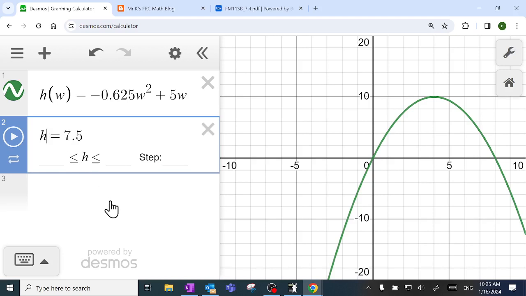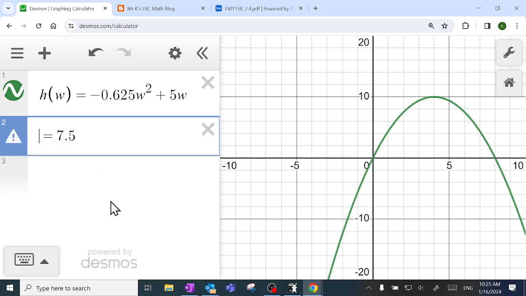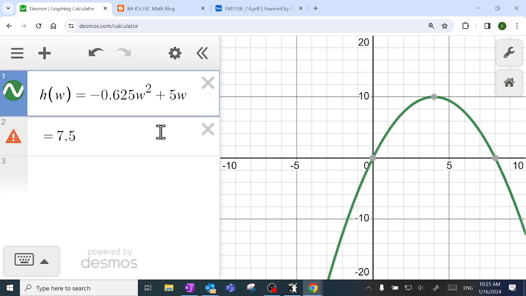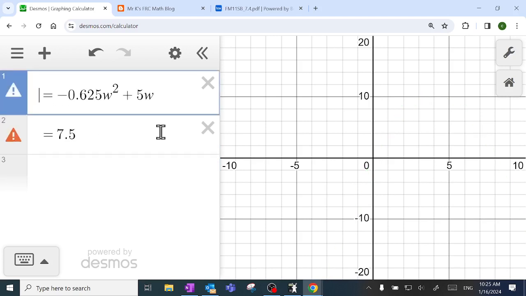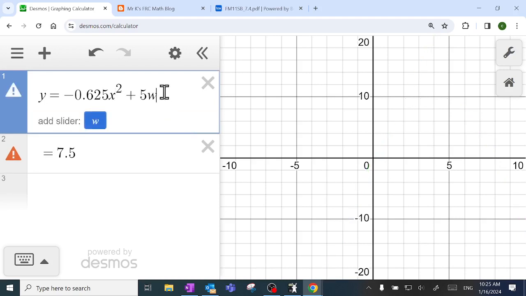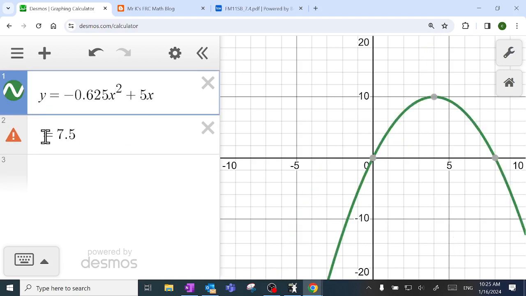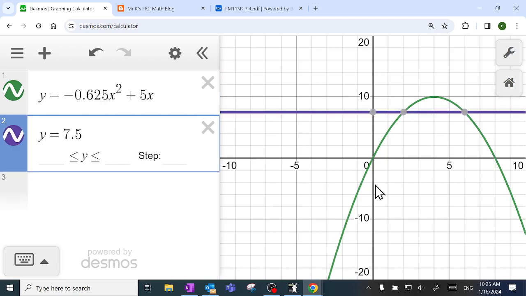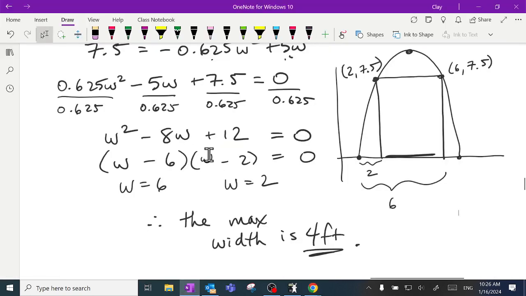I guess it doesn't like me using h, so I'll just stick to y and x. So make the height y 7.5, and then there it is, from 2 to 6. So this box can't be any wider than 4 feet. So there we go. There's a word problem.